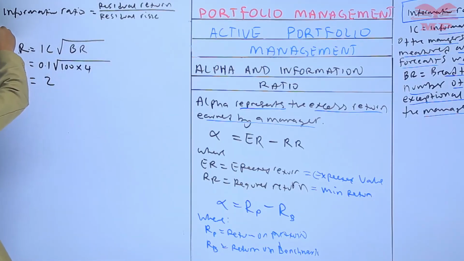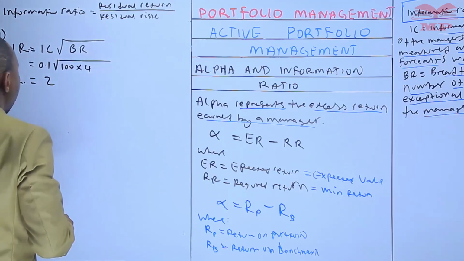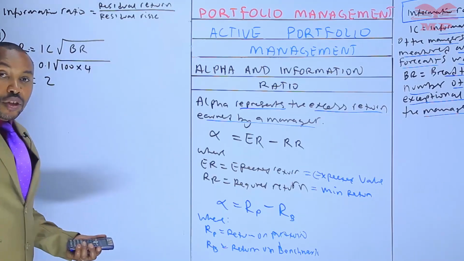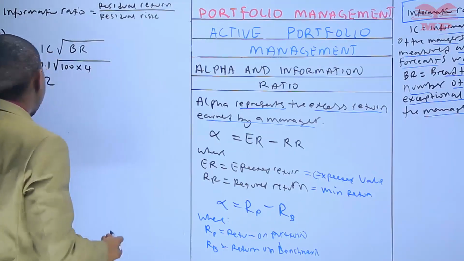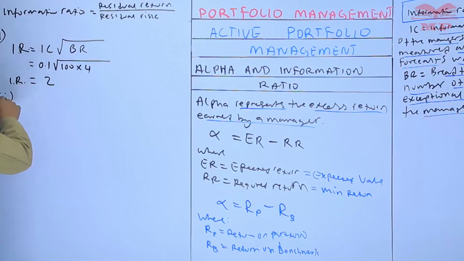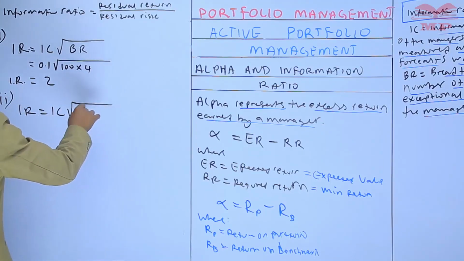So this was part 1, and part 2 was giving us a scenario where the manager had an information ratio of 0.4, and asking how many stocks are required. We have the same formula: the information ratio is given as the information coefficient times the square root of the breadth of the market.